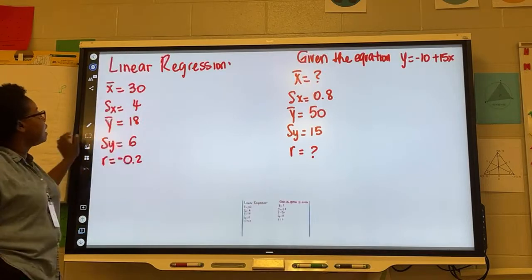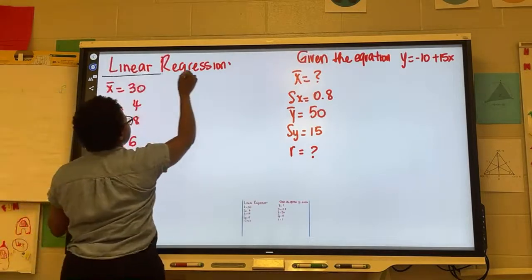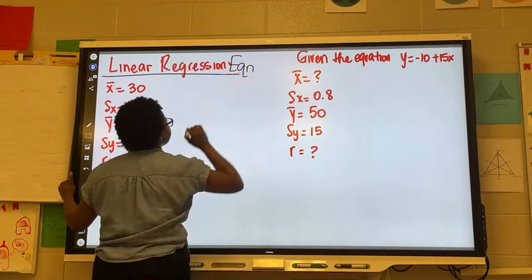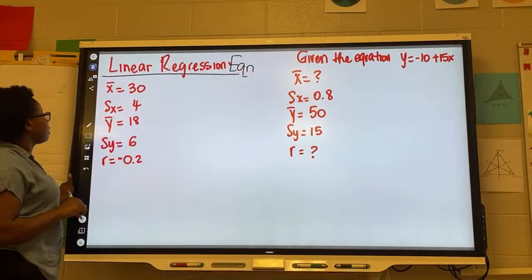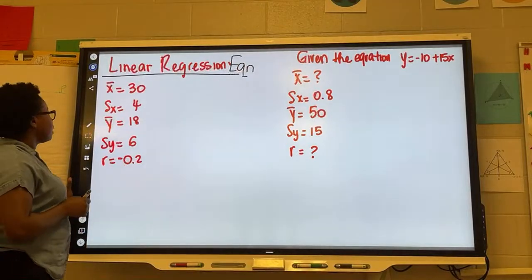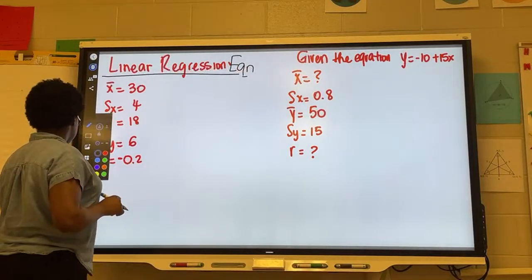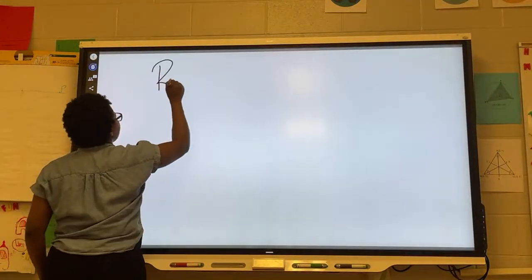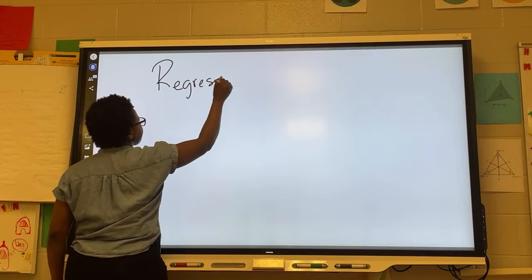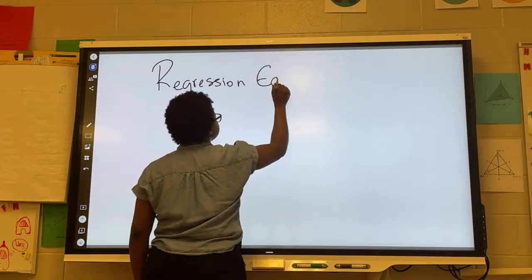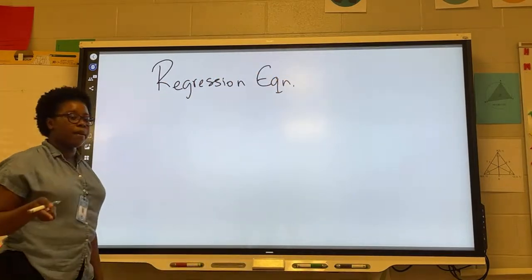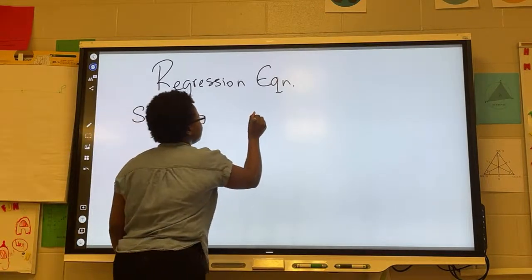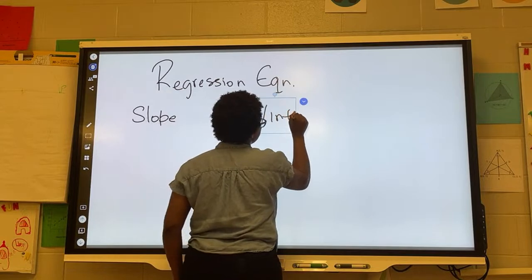This one says you're calculating the linear regression equation. So you're given critical points for your linear regression equation. But before we do that, I'm going to explain a simple concept here. When it comes down to the regression equation, there are two things that we pay attention to: the slope and the y-intercept.